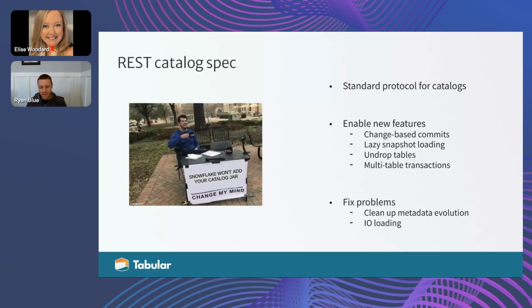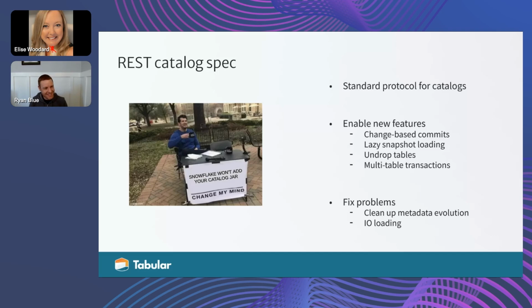Iceberg, we basically said, yes, it should be totally easy for you to use your own custom catalog. And we've actually had a number of catalogs that were contributed to the project. But the problem is what you had to do was add an implementation into Iceberg as a new module and produce a jar.